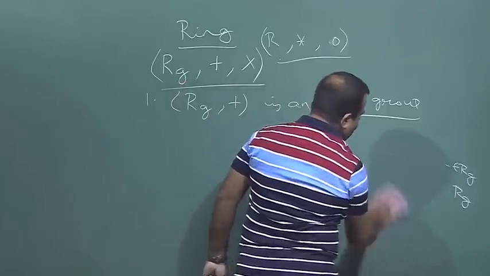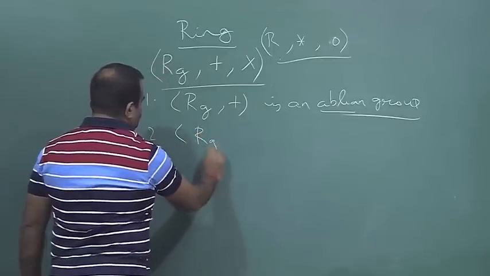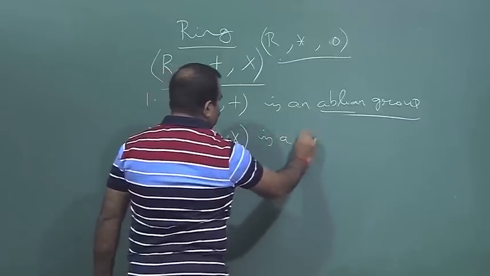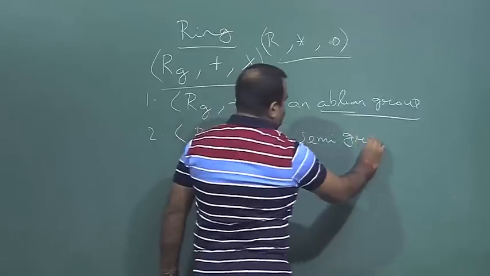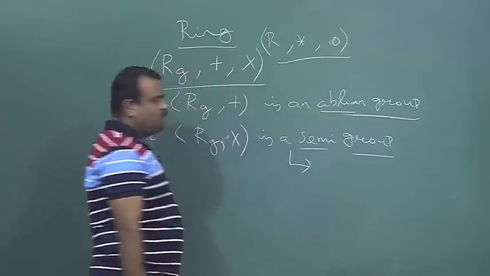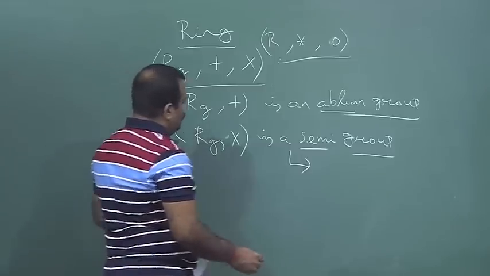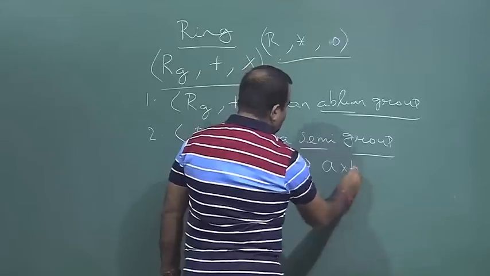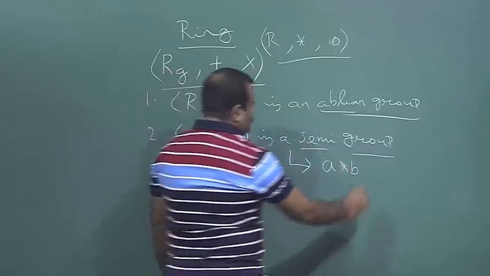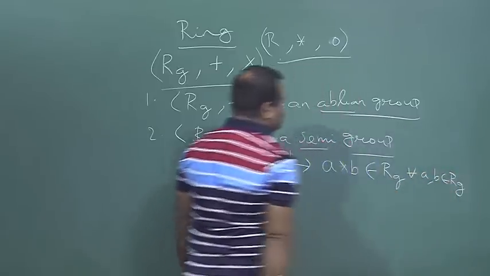this is on the plus operation, and then next, with the dot operation, it must be a semigroup in the multiplicative sense. Semigroup means it must satisfy 2 properties basically, one is the closure property. That means for any 2 elements A cross B, or dot, this is the multiplicative sense, A cross B belongs to R G for all A, B belonging to this set.